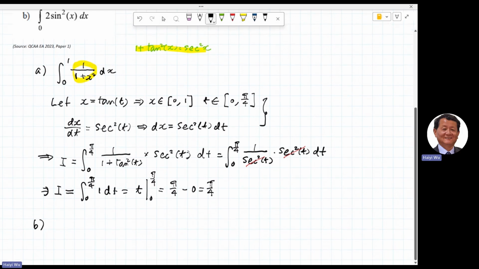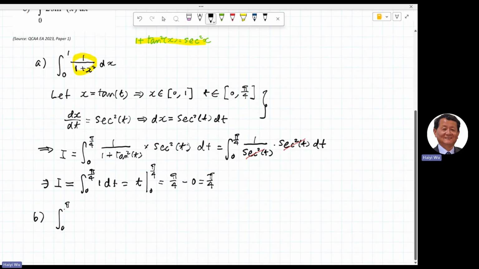Question B, we can see this is the integral from 0 to pi over 4 of 2 sine squared x dx. So now I'm going to use another formula. We recall the double angle identity for cosine: cosine 2x is 1 minus 2 sine squared x.